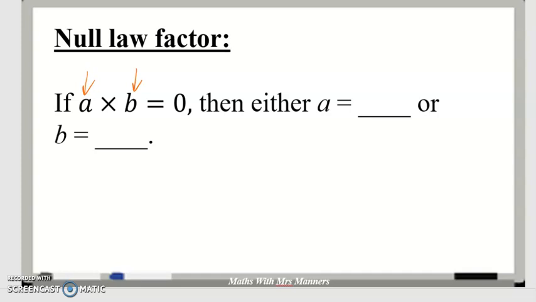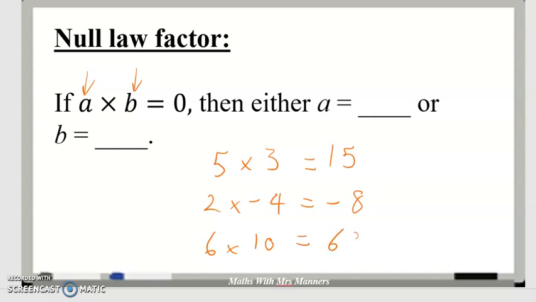Think about what you know when we multiply. How do we end up with 0? So if you think about just multiplying numbers, 5 3s are 15, 2 times minus 4, that's minus 8, 6 times 10 is 60. None of those products give me 0. What do I have to have in my product to end up with a 0?